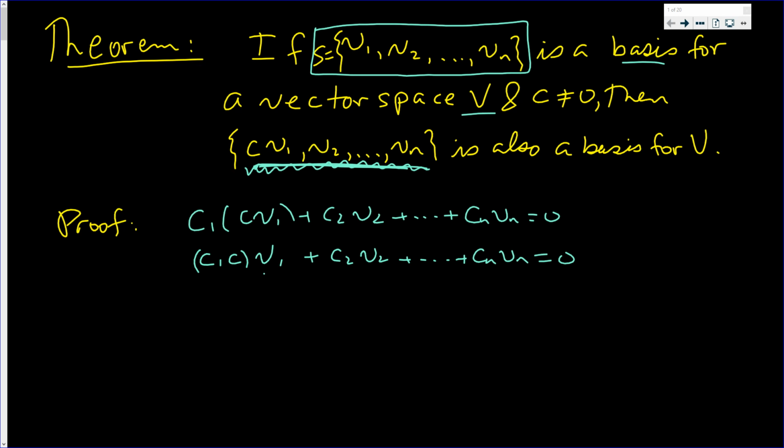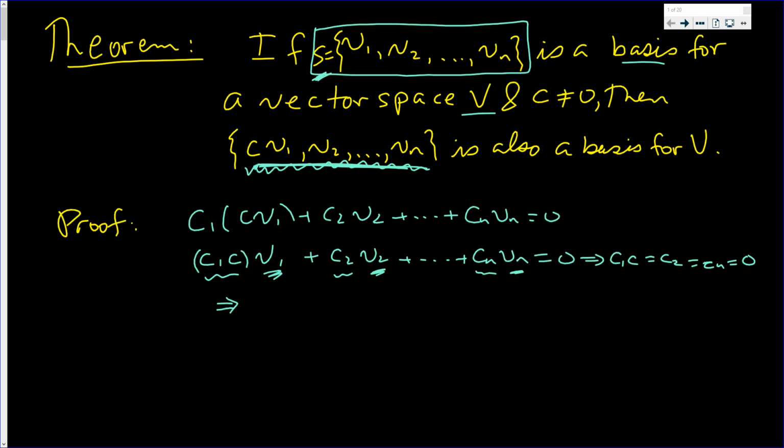But you know what? This is a linear combination of just the vectors in S. That implies that c1 c, the first coefficient, or the first scalar, equals the second scalar, all the way down to equaling the n-th scalar, which is 0.